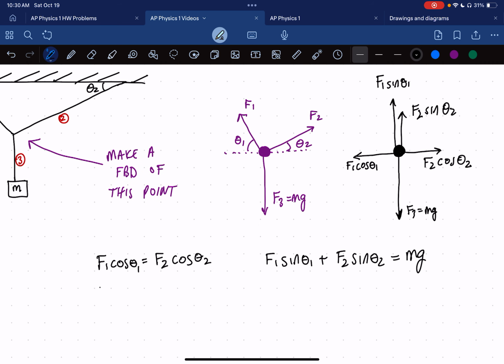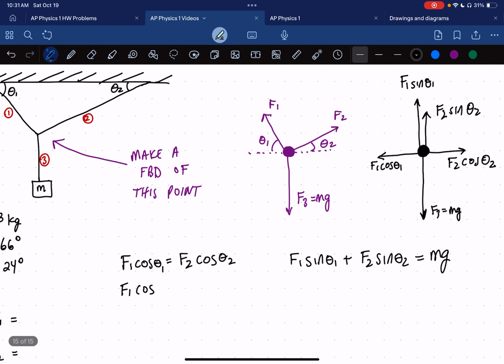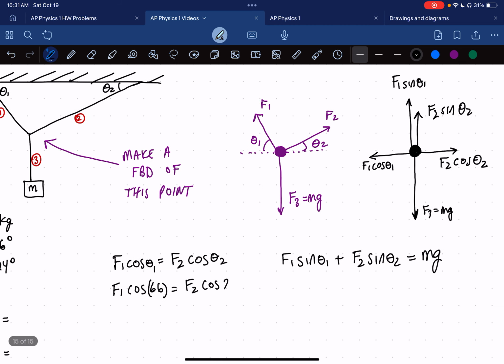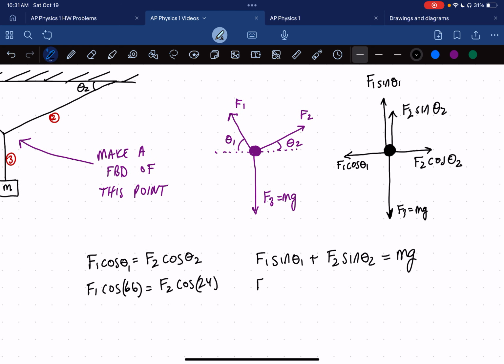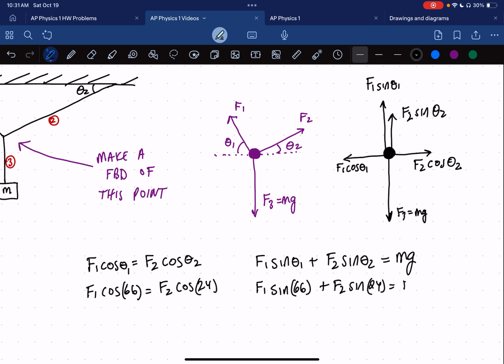So let's do this. F1 times cosine of theta 1, that's cosine of 66. Don't know F2, but this is cosine of 24. Over here we have F1 sine of 66 plus F2 sine of 24 equals, I believe that's 130.